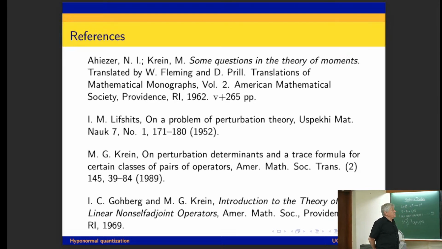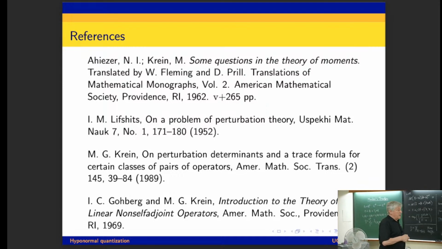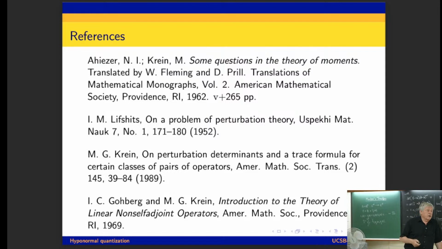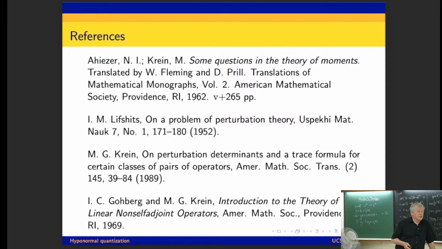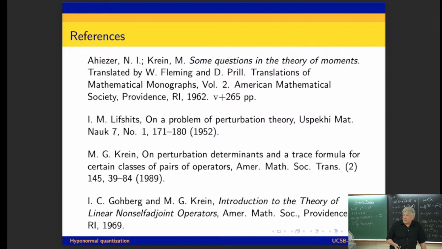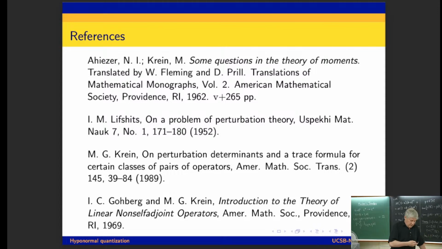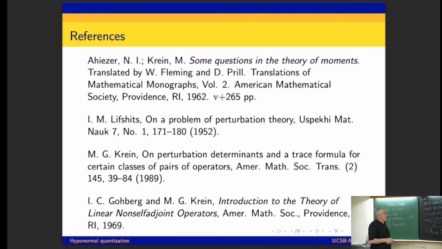Basic references for the moment problem of Markov. If you remember, last time I mentioned some 1934-35 articles of Heisenberg and Krein. They put some of them in a book format, which was translated and is there. Then the idea of the phase shift goes to Lifshitz, 1952, so you see it is quite late after the 30s.